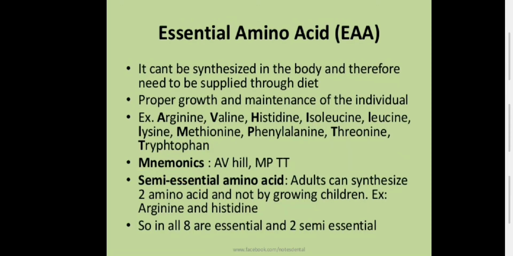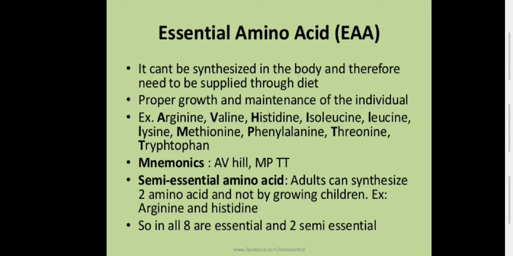Okay, next in the classification, as I said a while ago, the classification of amino acids also includes the so-called essential amino acid, or EAA. It is said that an essential amino acid cannot be synthesized in the body and therefore needs to be supplied through diet.